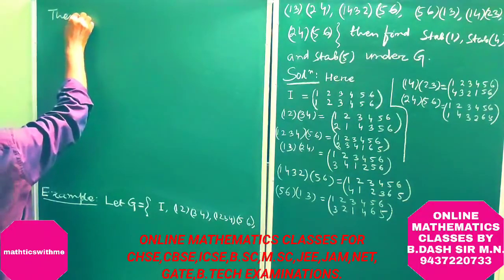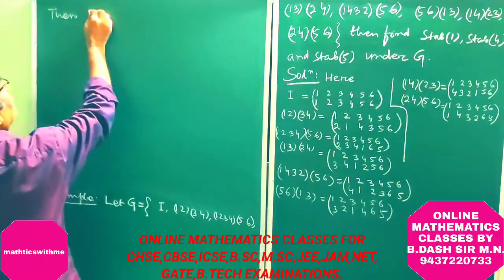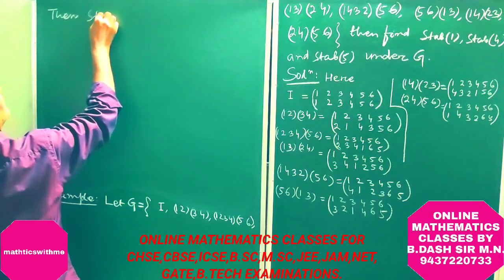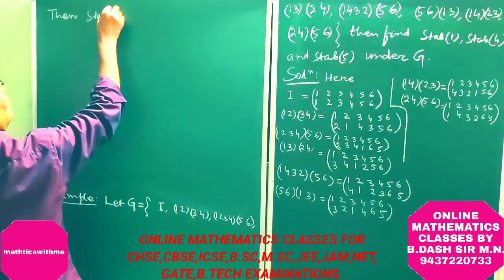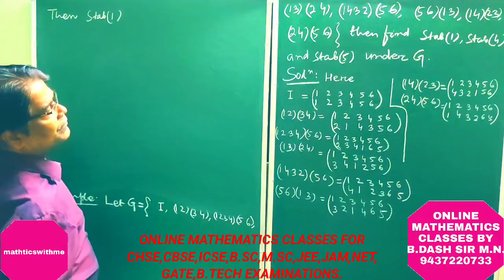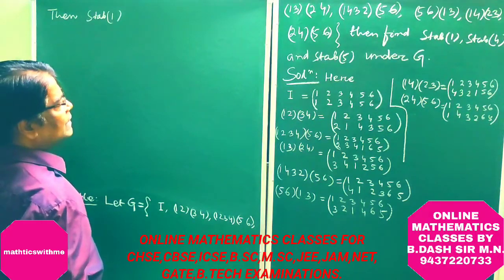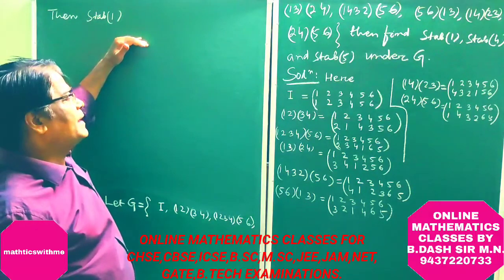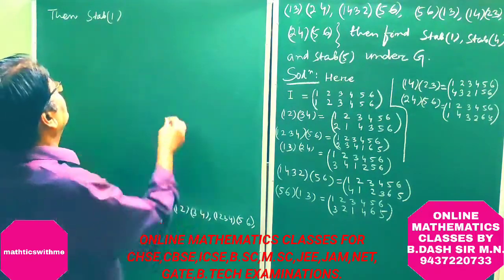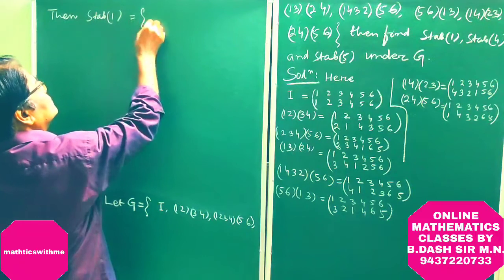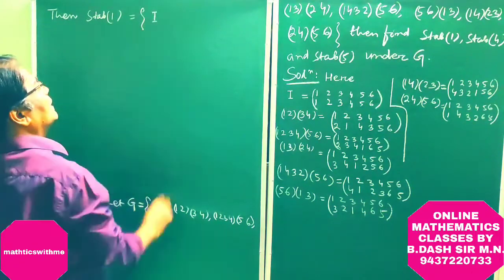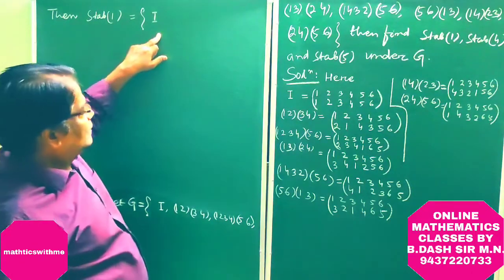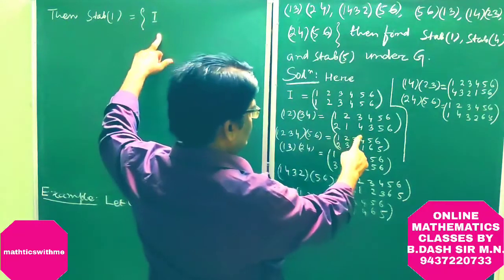Then stabilizer of 1. So here we have to see those mappings where 1 goes to 1. So this is equal to I. Here 1 goes to 1.